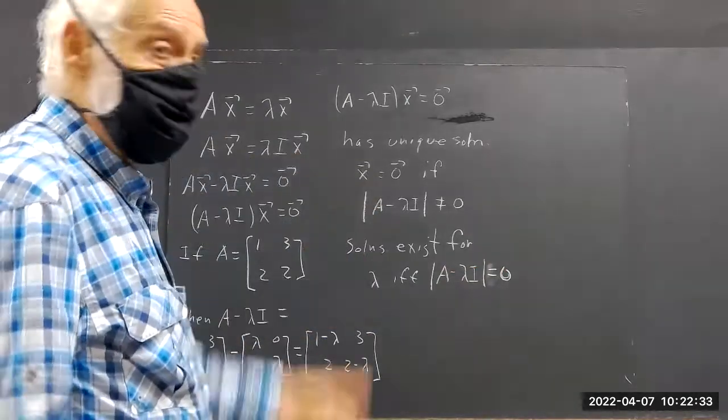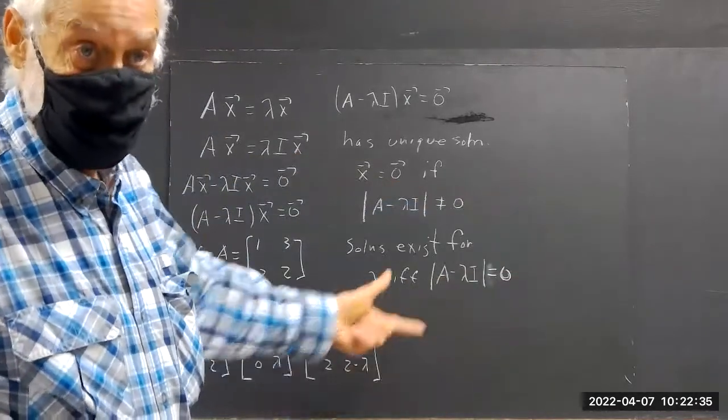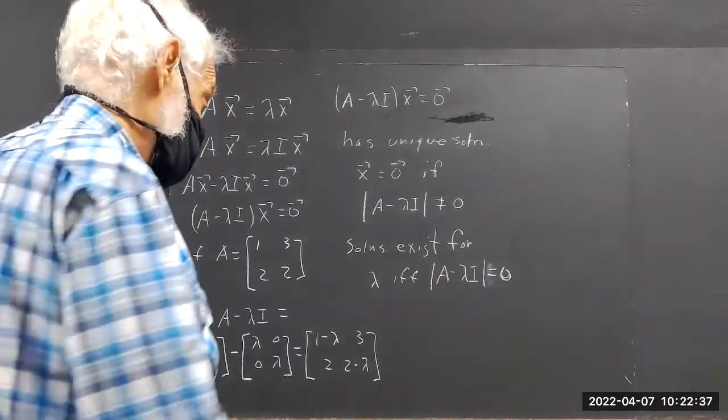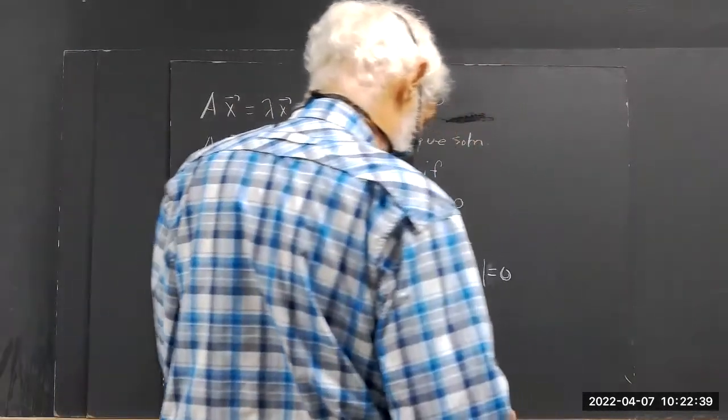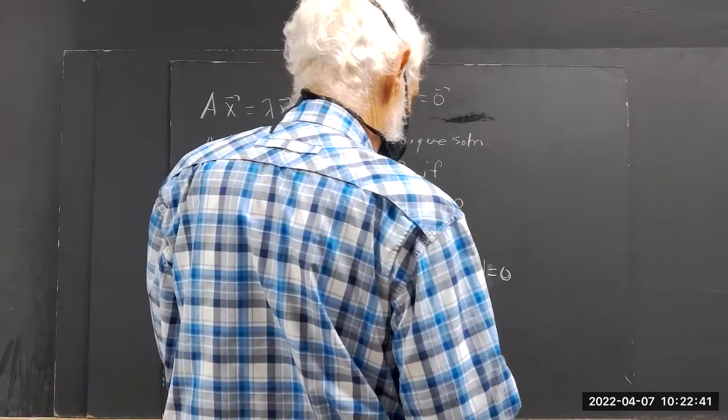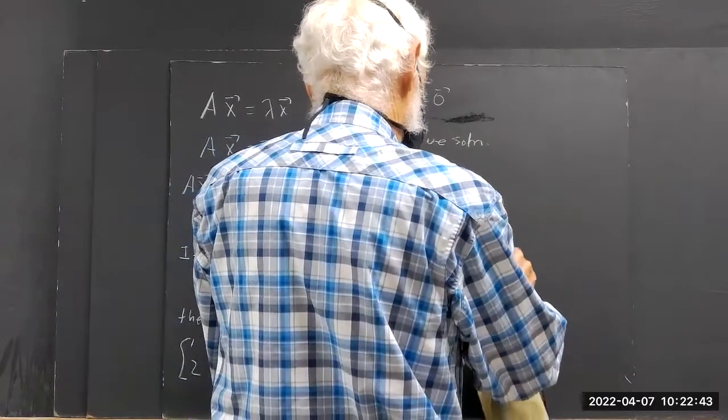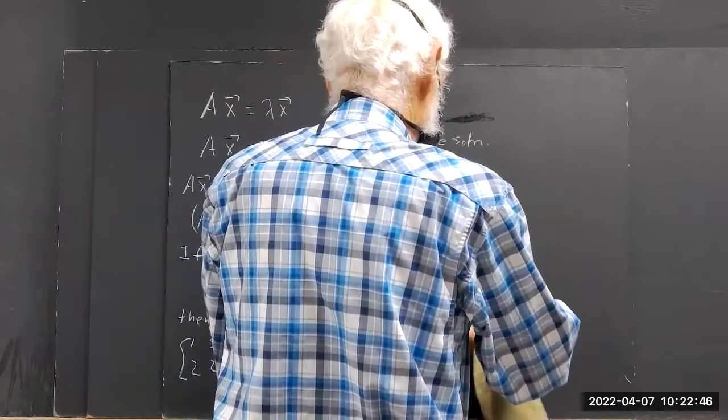Since if it's not equal to 0, it's invertible and you get nothing, right? Only the trivial solution. Just like this one here.